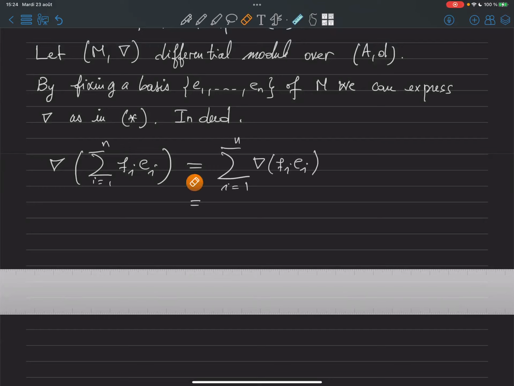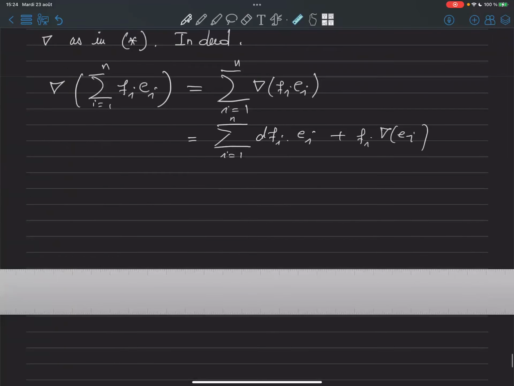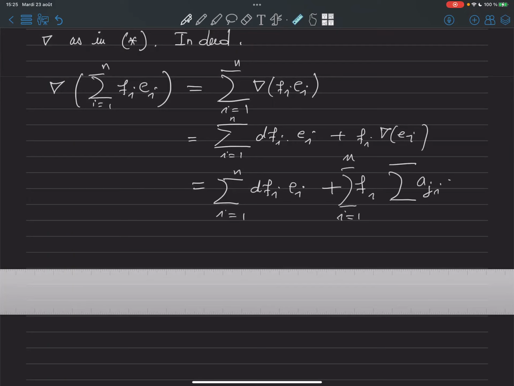It is equal to the sum, and here we have A, G, e_i.